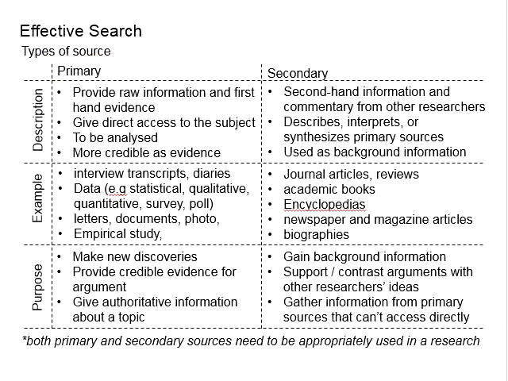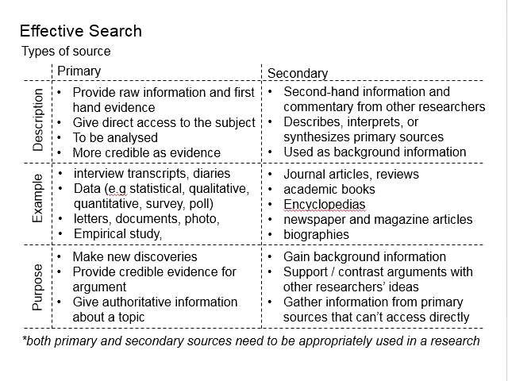It is referring to the raw information and the first-hand evidence done by individual parties or institutions. This kind of information gives direct access to the subject, and it needs to be analyzed in order to acquire findings and conclusions.